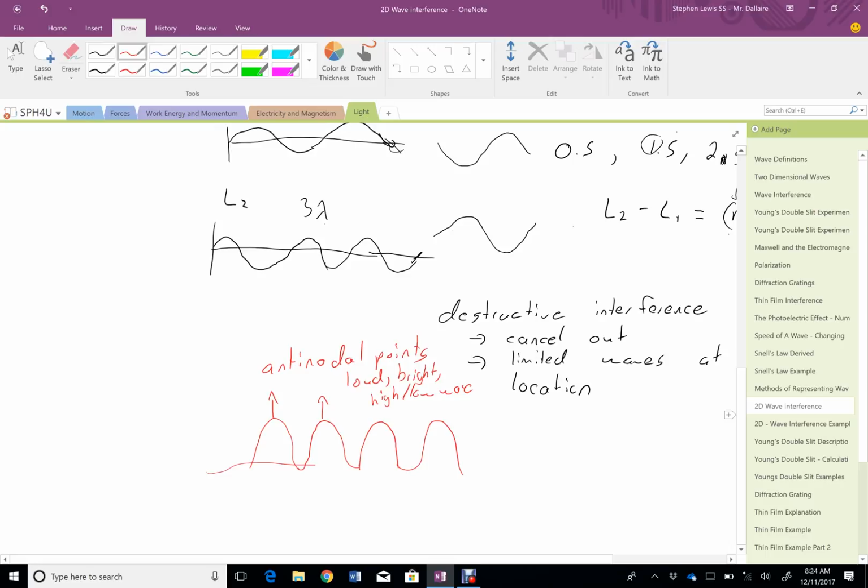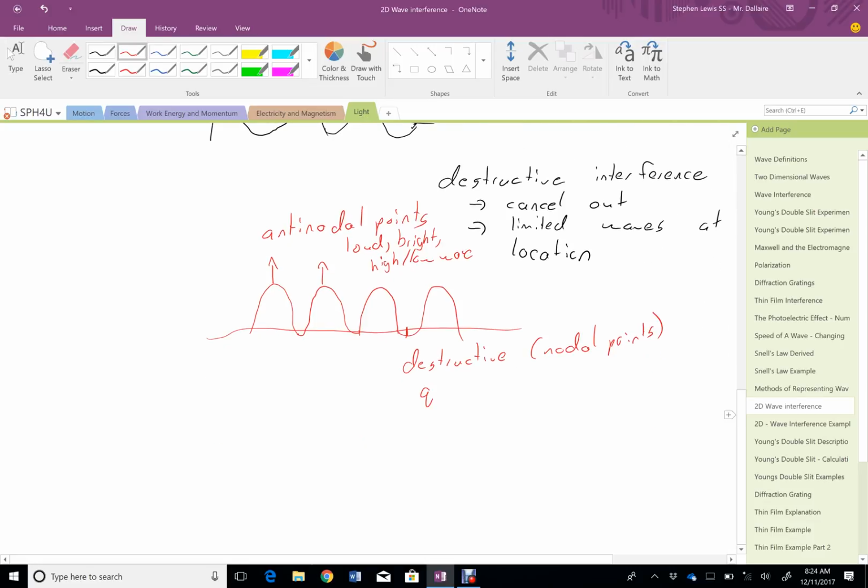Alternatively, these destructive spots down here, which we call nodal points, would be quiet or dark, or the not high or low wave, but the water at normal height. Locations.